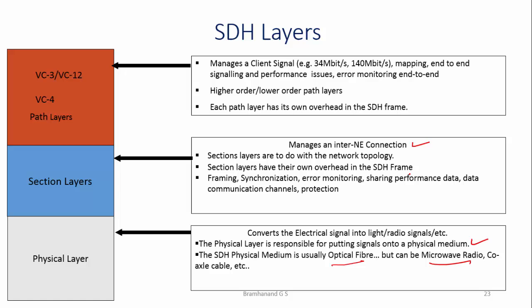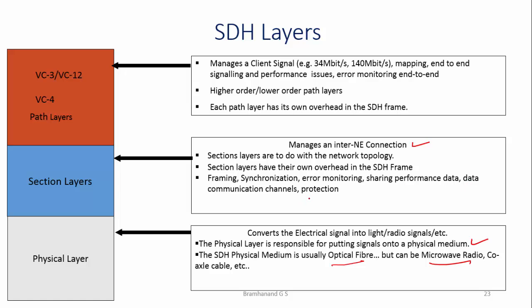To summarize, section layers are mainly helpful for framing of the STM frame, synchronization between network elements, error monitoring between the network elements, and sharing performance data if there are any bit errors.